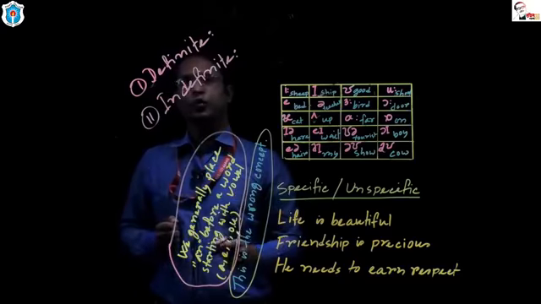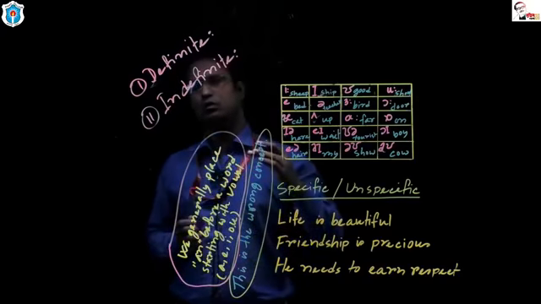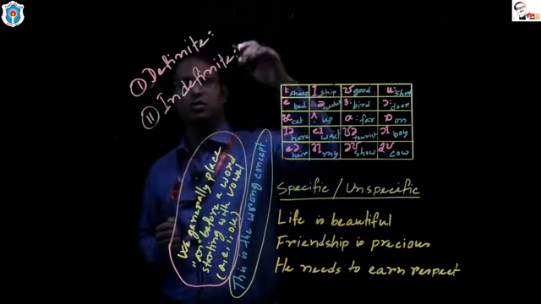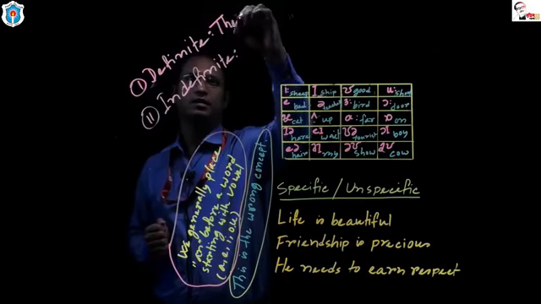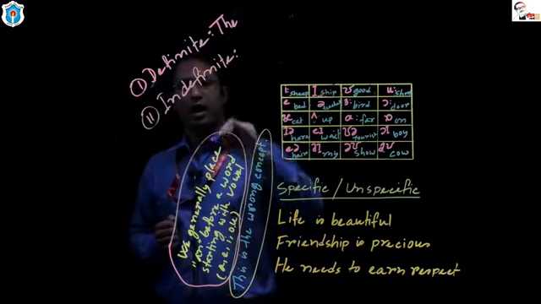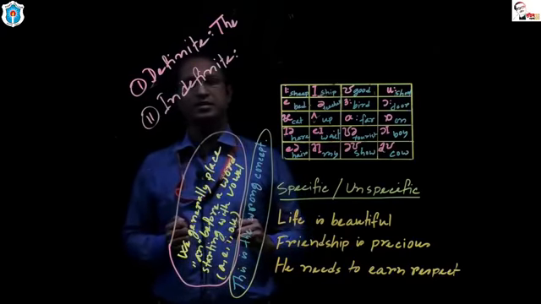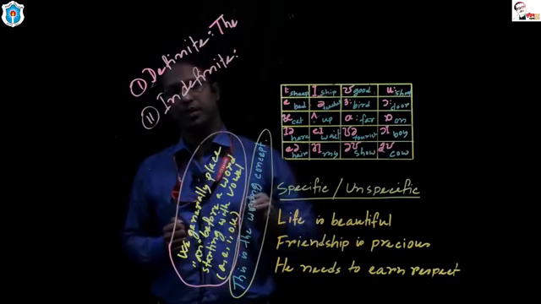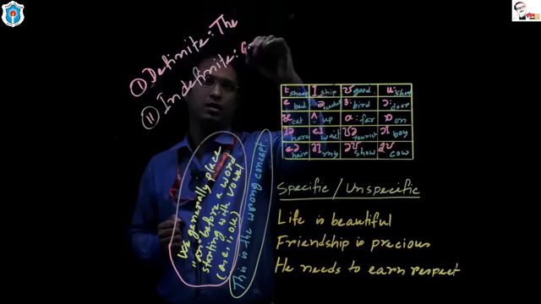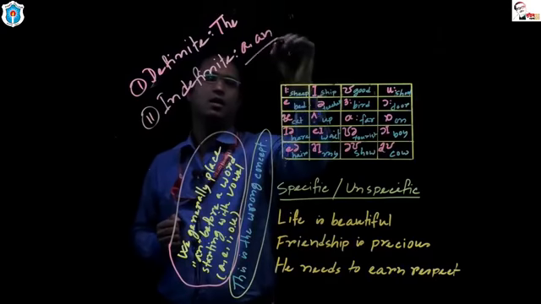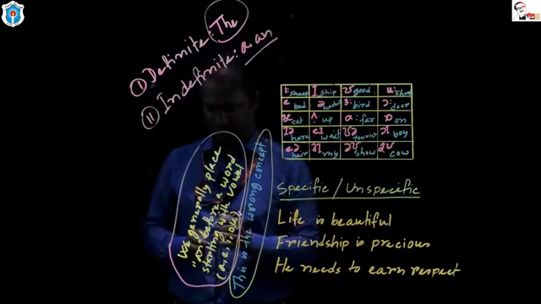The articles which specify noun or noun equivalent are called definite article. That is the, and the articles which don't specify the noun or noun equivalents are called indefinite article. A and N are indefinite articles, the is the definite article.